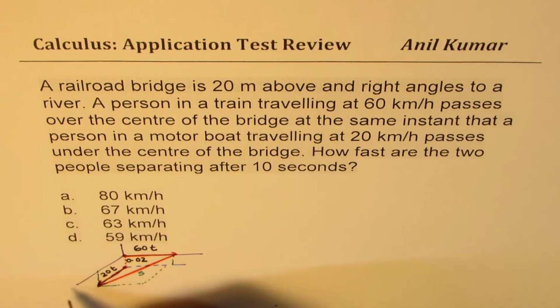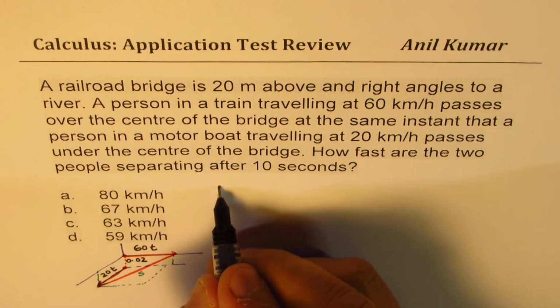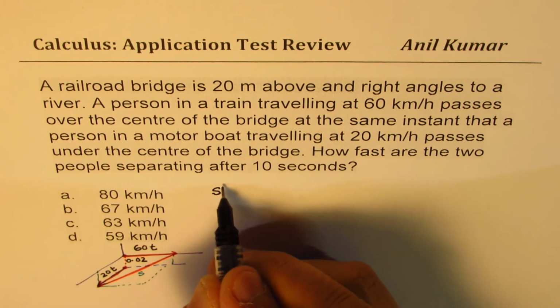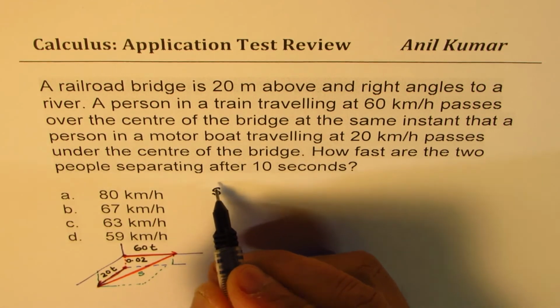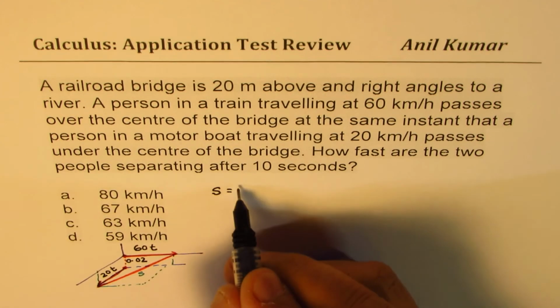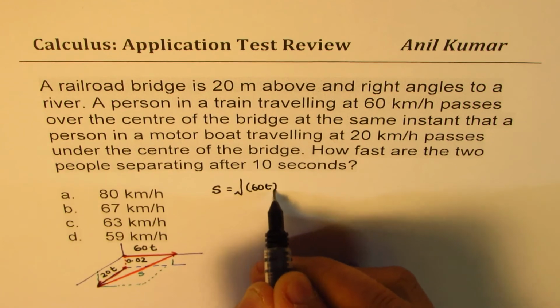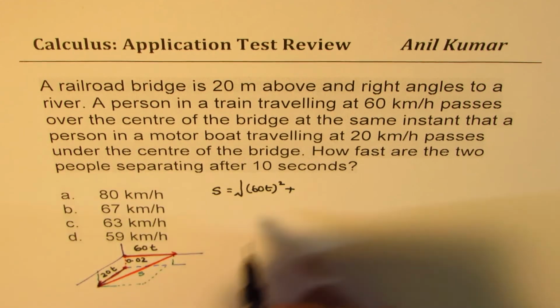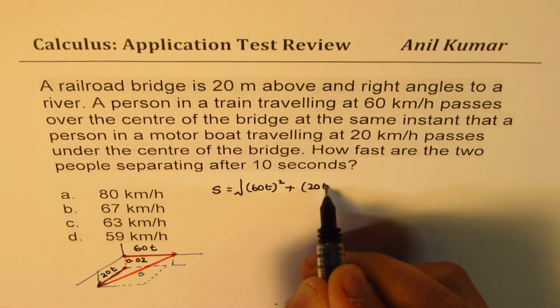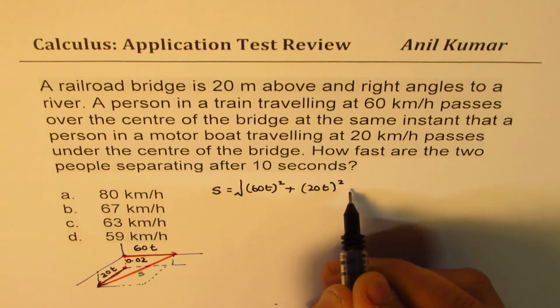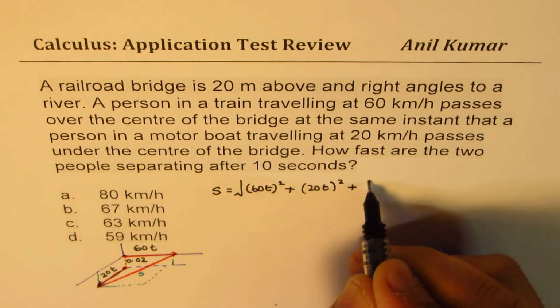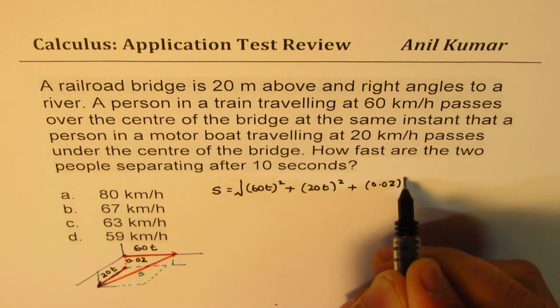Okay. So now, separation S, we will write as the square root of (60t) square plus (20t) square plus (0.02) square.